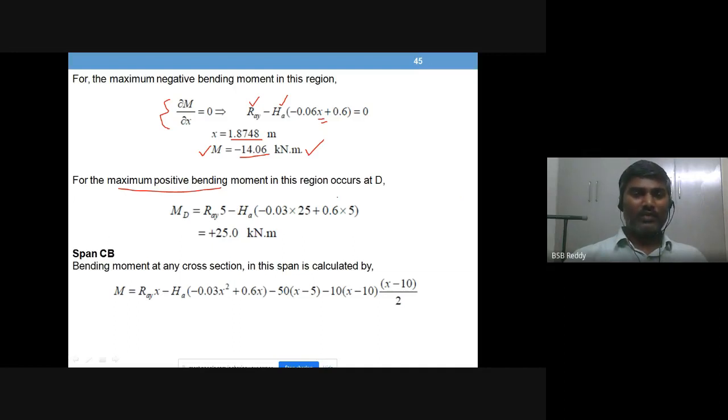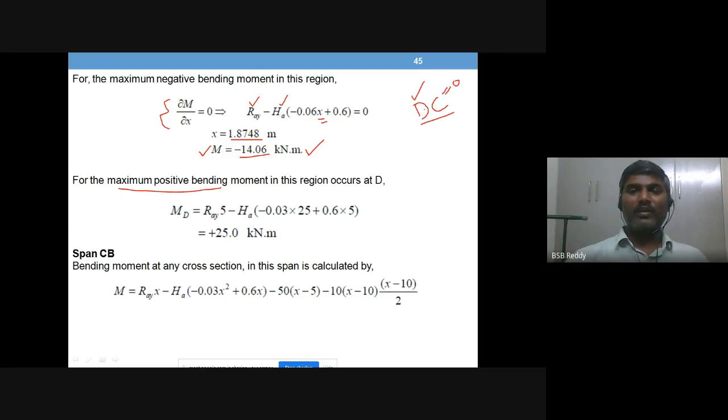Without searching in portion DC, it is a well known fact that D has a point load, so it is very clear that point D will have the maximum value, not at C. C is a hinge, so moment is 0.